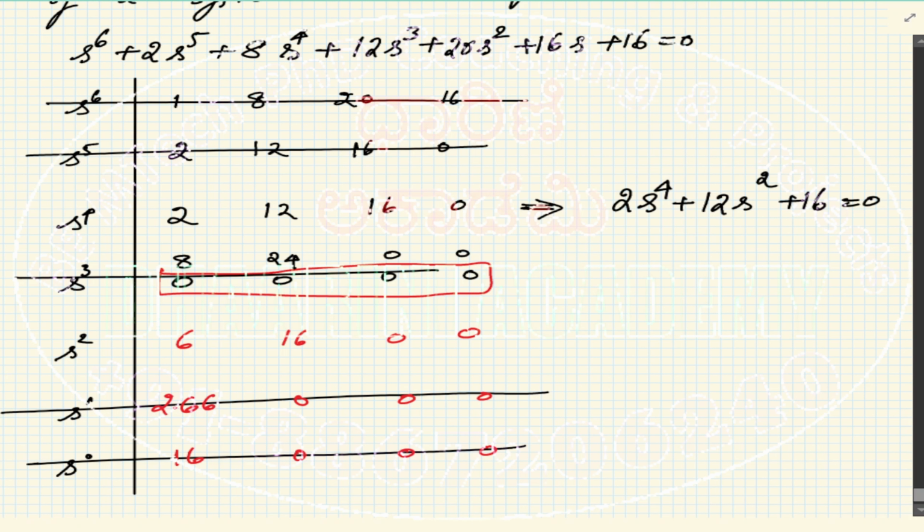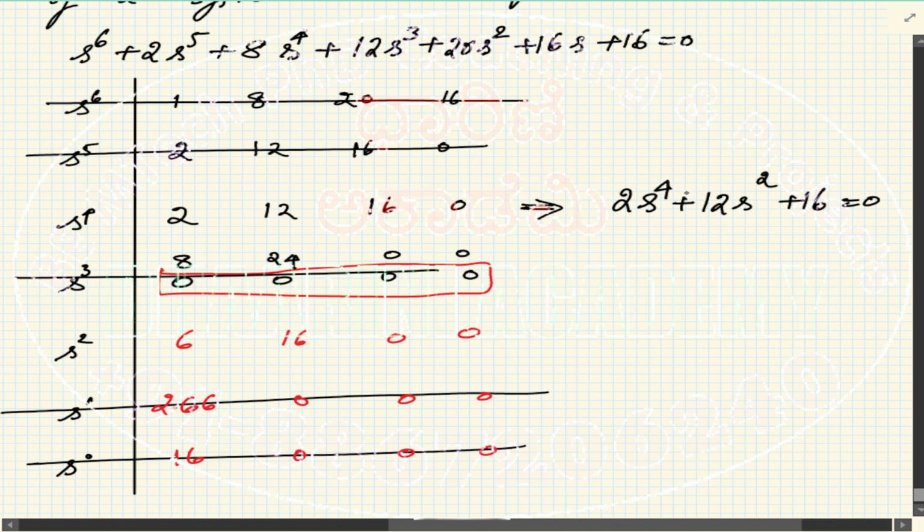Start with the highest one. If you solve s to the 4, either all 4 roots are present or 2 roots are present. I don't have to start solving from the lower one.